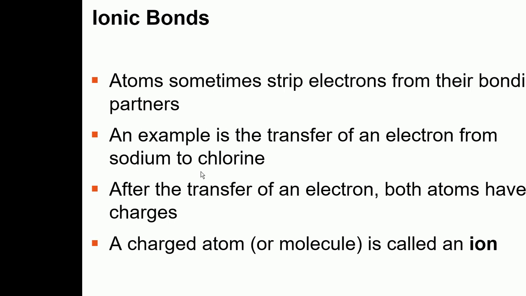Okay, now we're going to talk about ionic bonds. Covalent bonds are formed by sharing of electrons. Ionic bonds are formed by the losing and gaining of electrons. One atom loses electrons and the other atom gains electrons.